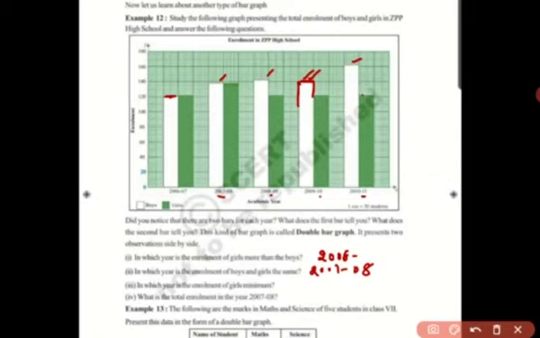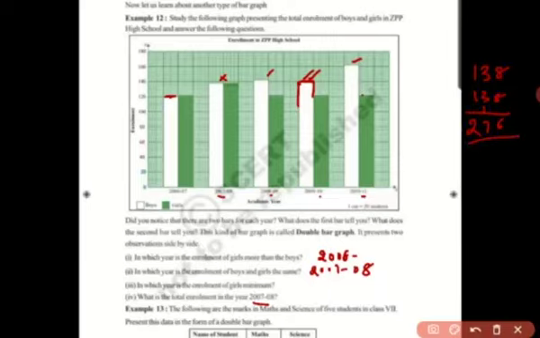What is the total enrollment in the year 2007 2008? Total enrollment means boys plus girls. So boys are 138, and girls also 138. So the total enrollment will be, add both of them, 276.